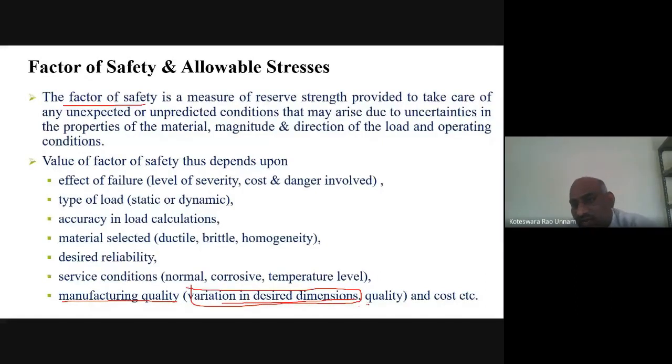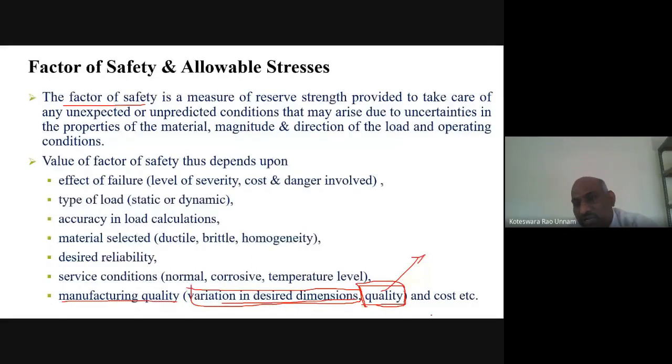Not only that, the quality of the machining, if machining is taking place on the component, may also be one of the important factors while choosing the factor of safety. If rough surfaces are created because of the manufacturing process, obviously it is subjected to friction.